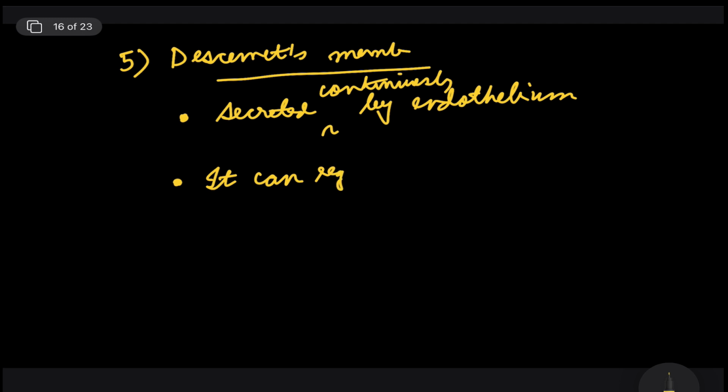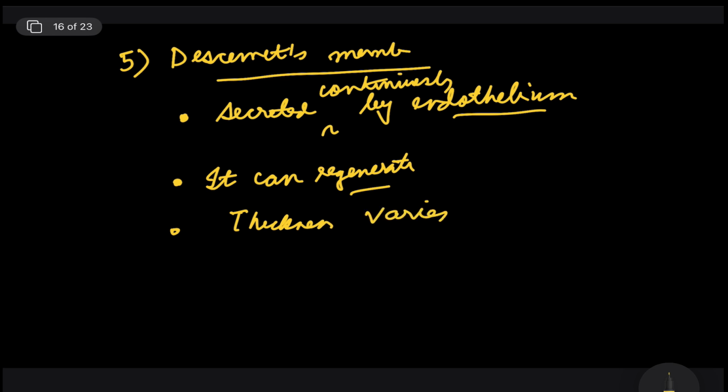Very, very important. So as of now we have talked about the epithelium, it can regenerate. We have talked about Bowman's layer, it cannot regenerate because it is acellular. And now we are talking about Descemet's membrane, which is secreted continuously by the endothelium, and hence it can regenerate. It has been found that Descemet's membrane thickness varies throughout life.